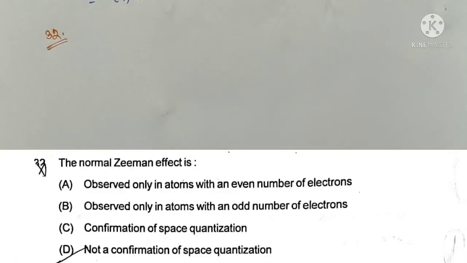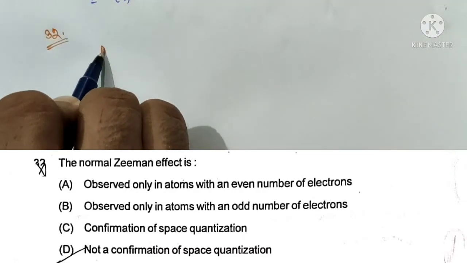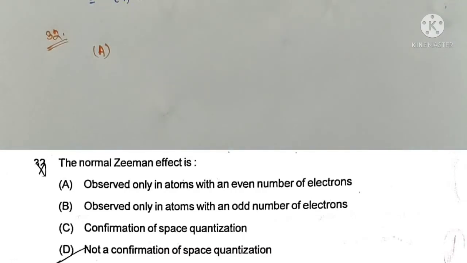Question number 32. The normal Zeeman effect is, look, check all the options. Observed only in atoms with an even number of electrons, and that is correct. Option A is correct because we observe the normal Zeeman effect with spin s equal to 0.